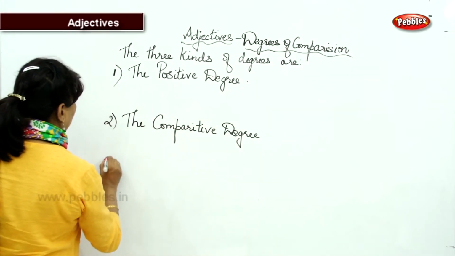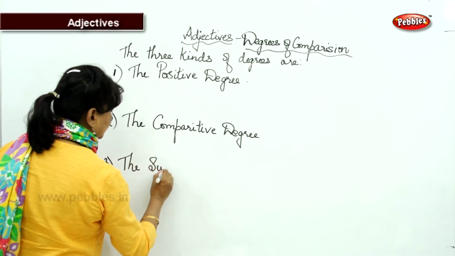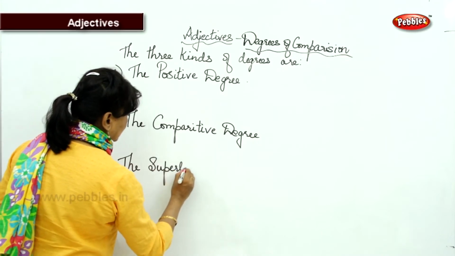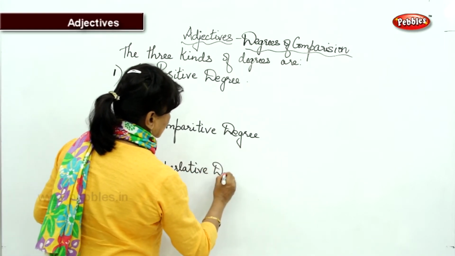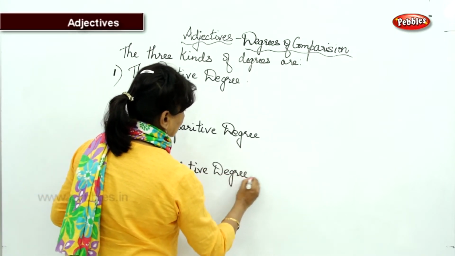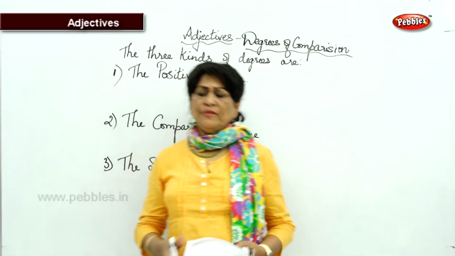And the third one is the superlative degree. Okay, these are the three different kinds of degrees.